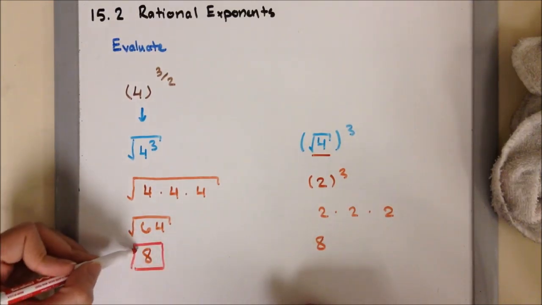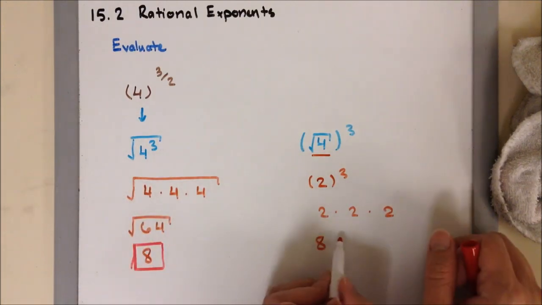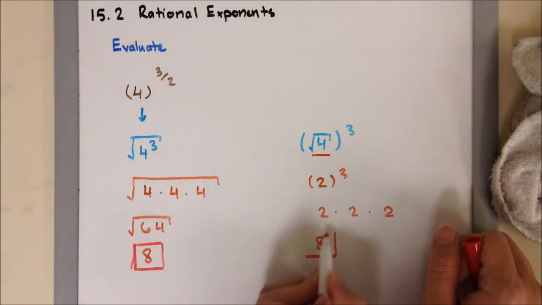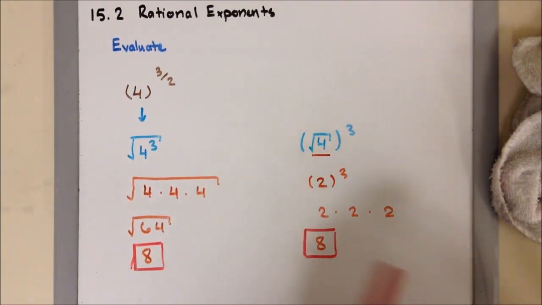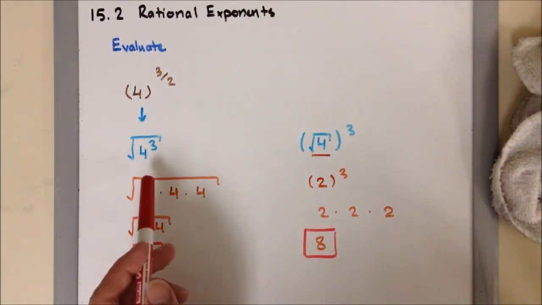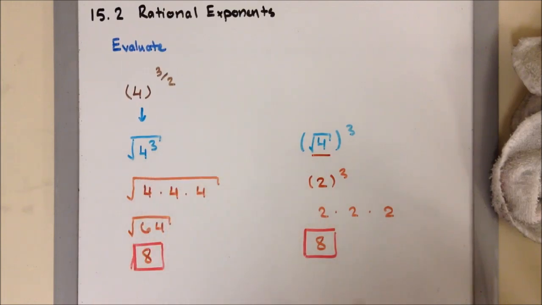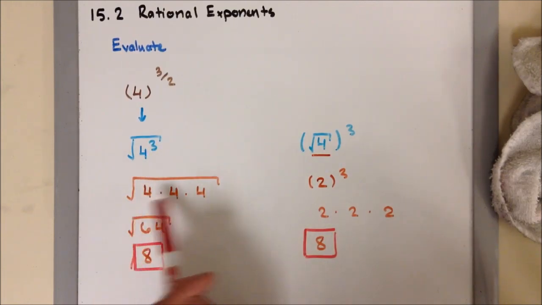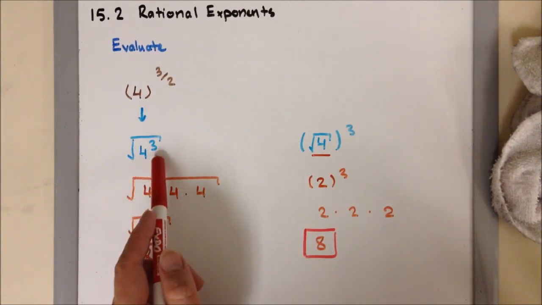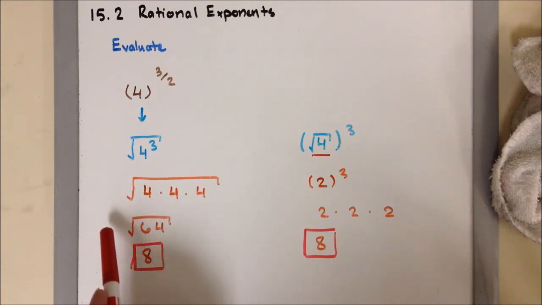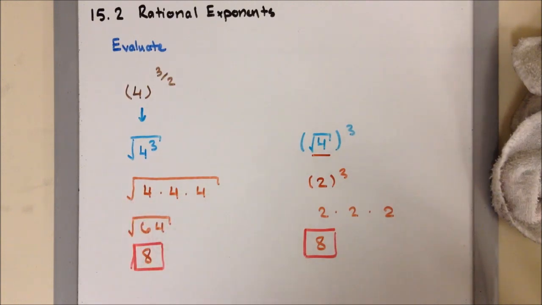Now, if you're working with small numbers, either form works. The difference between these two forms is if you have the exponent inside the radical, then you're going to have to simplify it inside the radical first, then do the root next. So in this case, I did 4 to the third power, which is 64, and then I did the square root of it, which is 8.